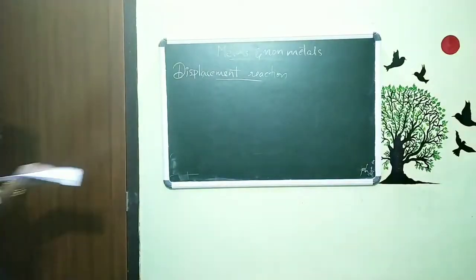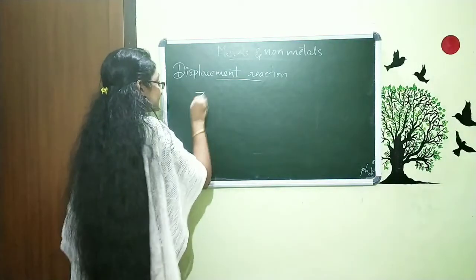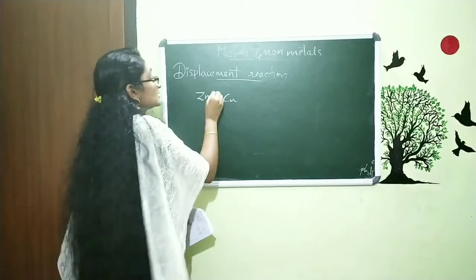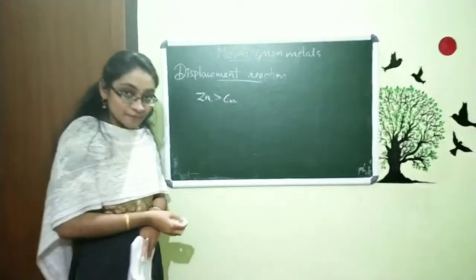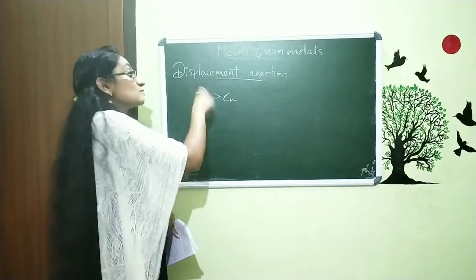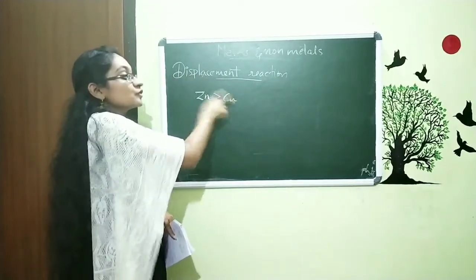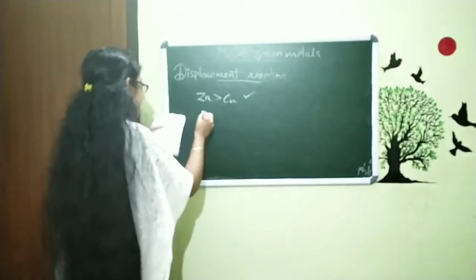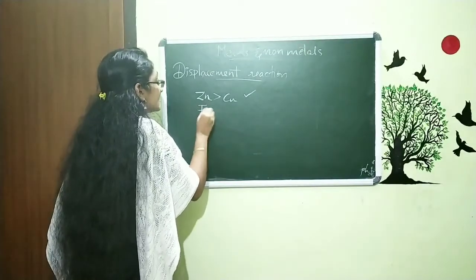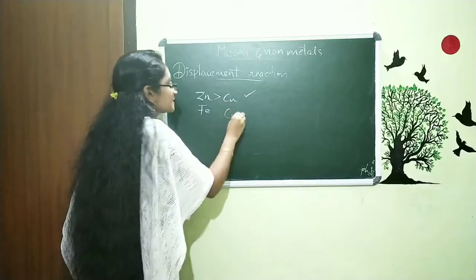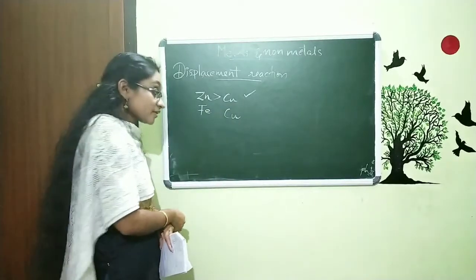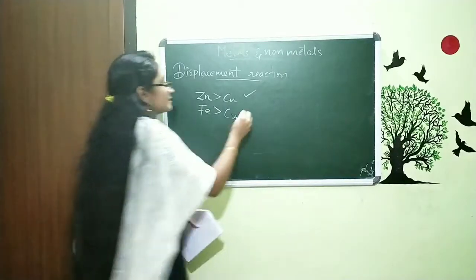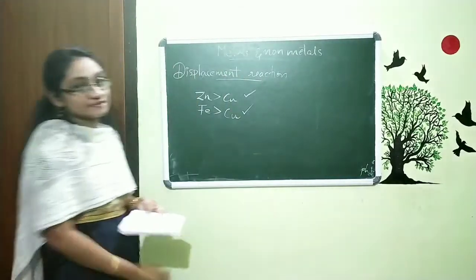In the first beaker we selected zinc and copper sulfate solution. So here the zinc is more reactive than copper. That means the metal is more reactive than the metal salt solution and a reaction occurs. The second one is iron and the reaction with copper sulfate solution. Here also the iron is more reactive than copper and the reaction occurs.